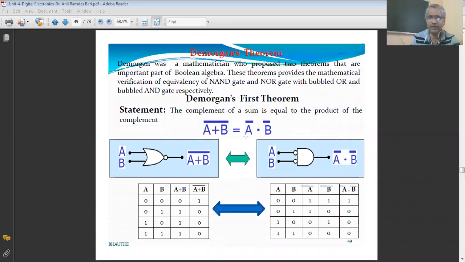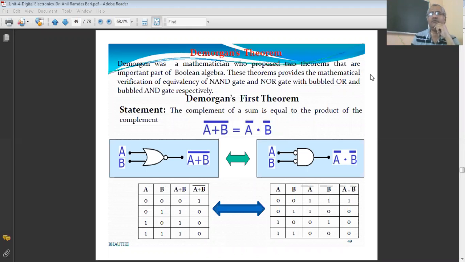A complement means it is a NOT operation, B complement also means a NOT operation. So this is the AND operation of A complement and B complement. This is the NOR gate equation: (A plus B) complement is equal to A complement dot B complement.